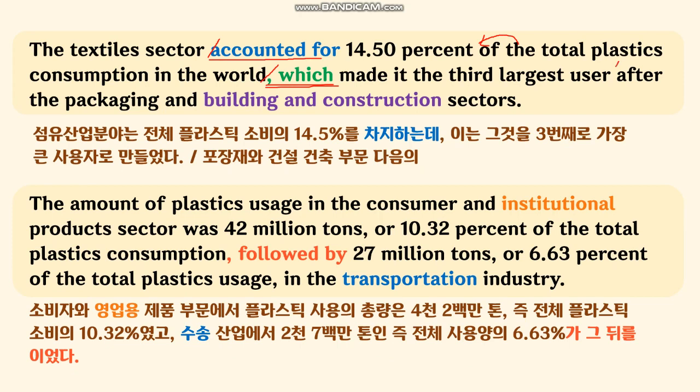After the package and building and construction sectors. 포장과 건설, 건축 부분 다음에. The amount of plastics usage in the consumer and institutional product sector was 42 million tons or 10.33% of the total plastics consumption으로 끝나죠.